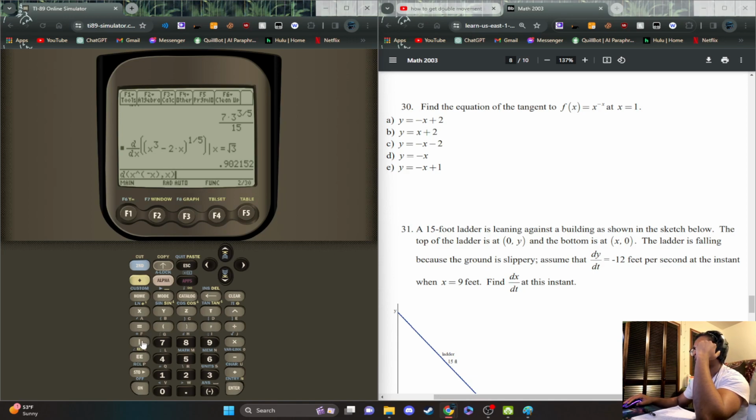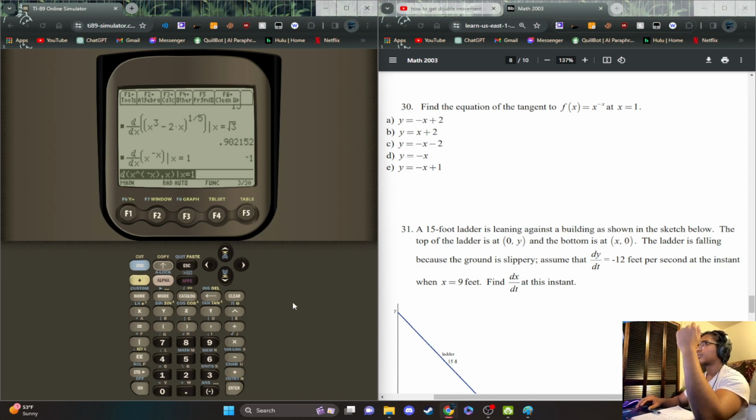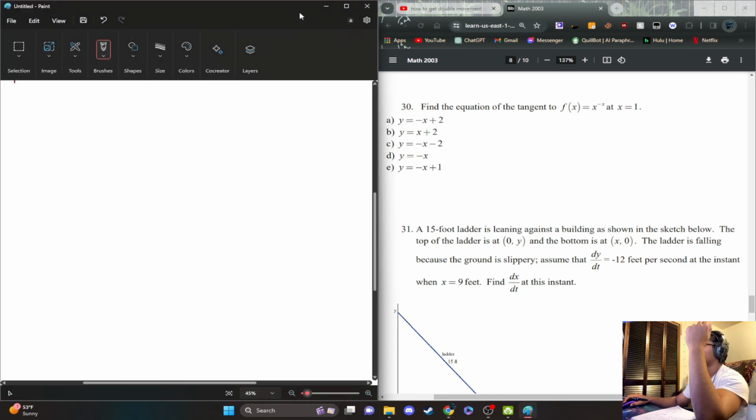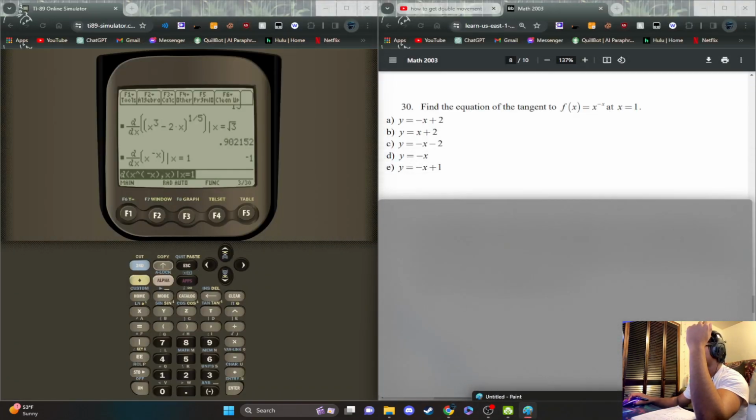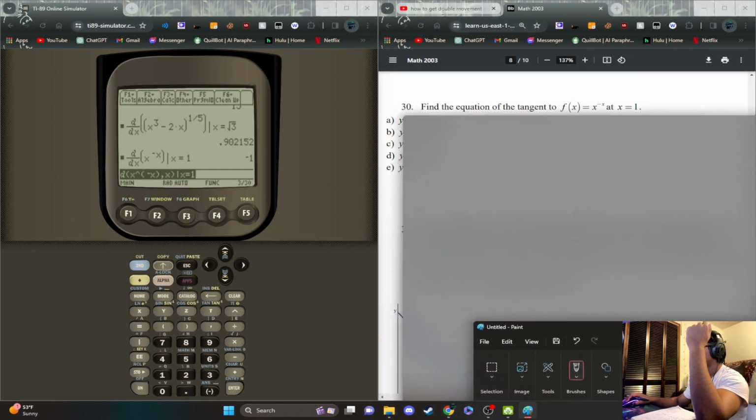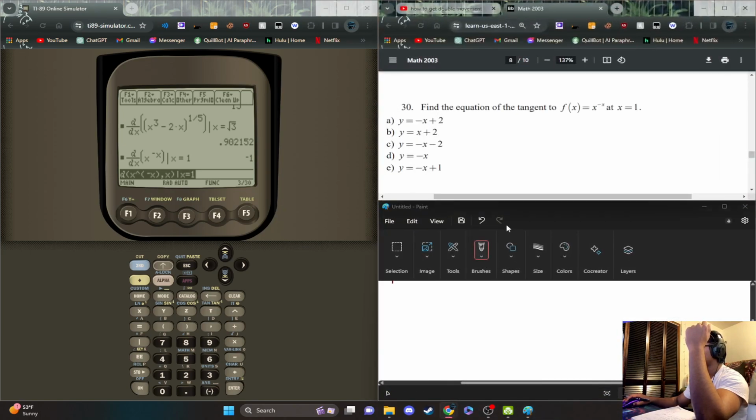Put the line, and x equals 1. So this is basically giving us m, the slope. Damn, I gotta get the MS Paint out. So this is basically saying that m equals negative 1.